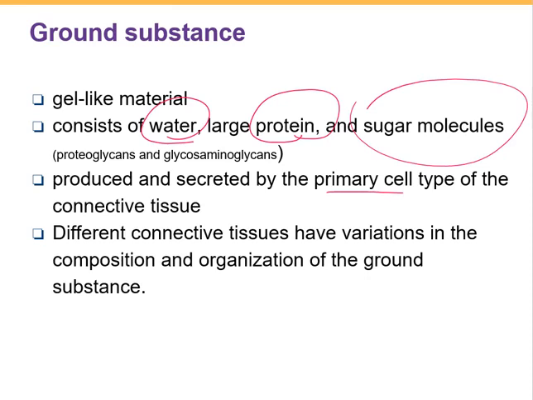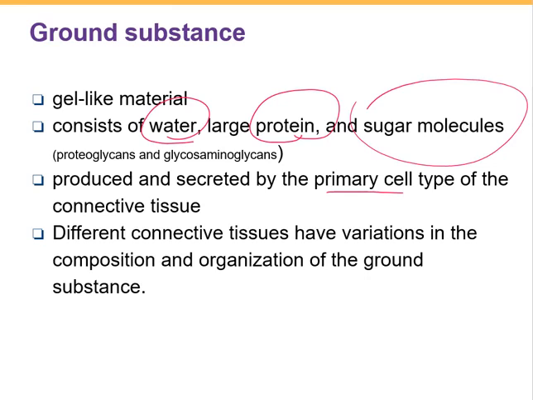For example, we do not expect the extracellular matrix or the ground substance of blood and bone to be the same, right? Because blood is a fluid, so the ground substance of the blood is mostly water, and in bone there is no water, zero water in their ground substance.